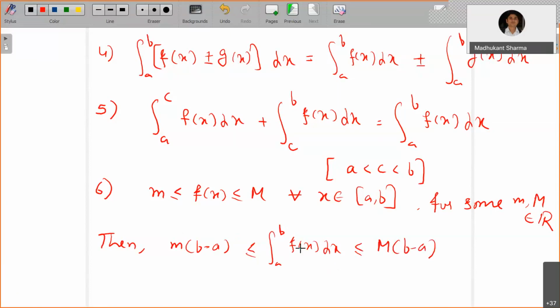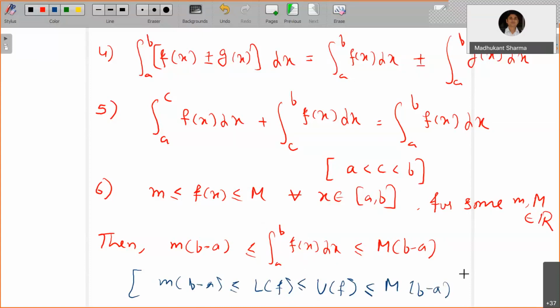That can be shown because we have already shown that m times (b minus a) is less than or equal to L(f, P), less than or equal to U(f, P), less than or equal to M times (b minus a), because that relation holds for any partition of [a, b]. Since f is Riemann integrable, L of f and U of f are both the same thing, and it will follow immediately.